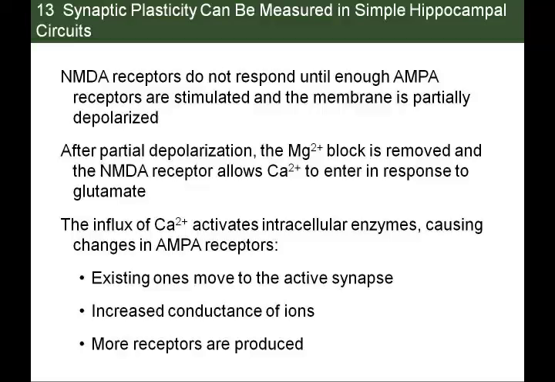It's no longer attached, it's no longer interested because now it's positive and positive. So with enough depolarization, courtesy of the AMPA receptors, the magnesium block is ejected, and you can now have the NMDA receptor be activated.